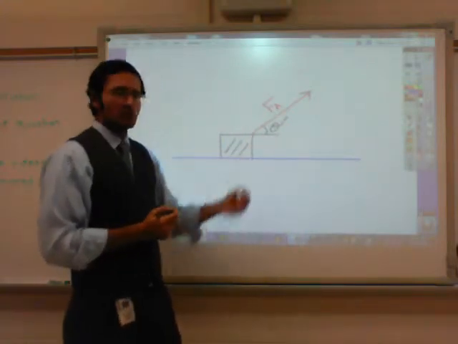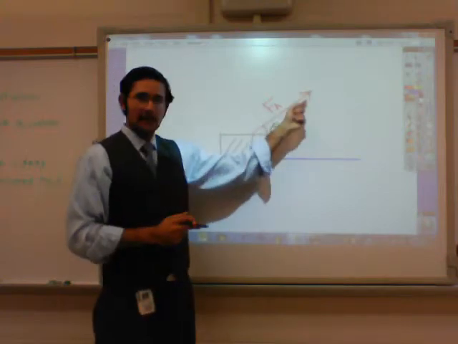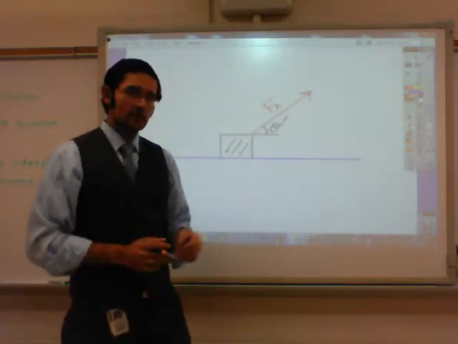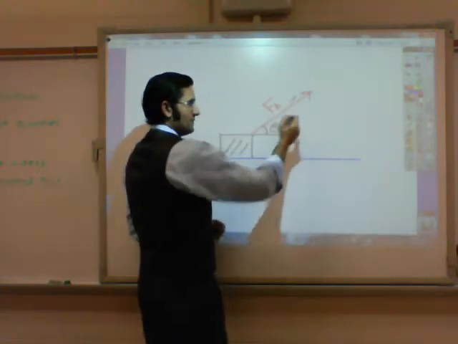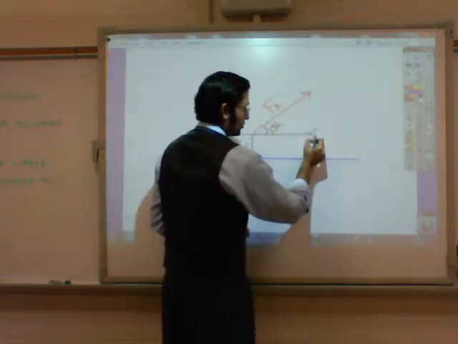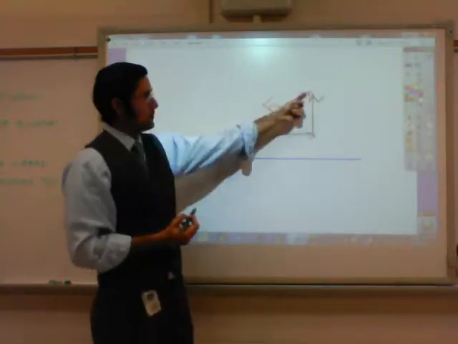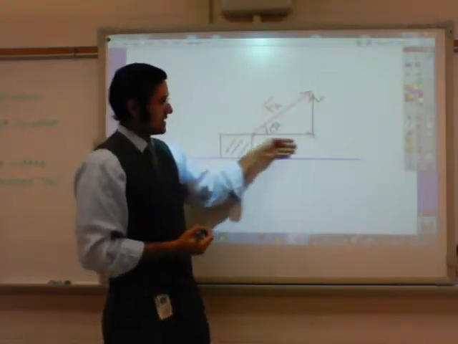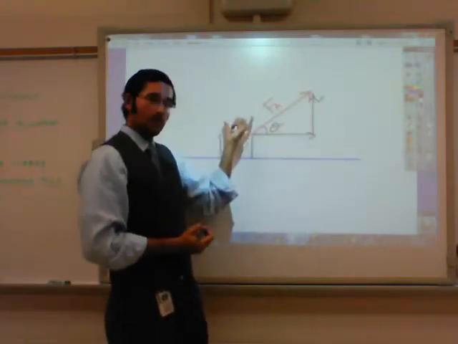How does this change our normal force? Well, the first thing you've got to do is whenever you get a vector at an angle, you should break it down into its x and y components. If you're pulling with a force Fa at an angle theta, that means you are pulling to the right and you're pulling up. So this rope is actually pulling the box to the right, but it's also pulling the box up.